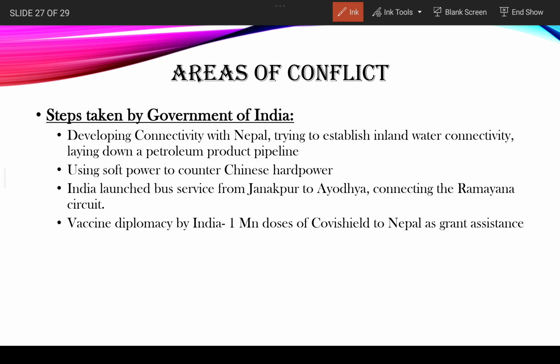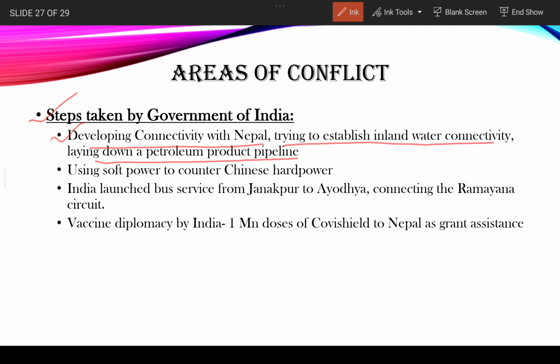Now, since the involvement is there, some steps need to be taken by the government of India as well. So what are the steps which have been taken by the government of India? The first one, developing connectivity with Nepal, trying to establish various inland water connectivity, laying down petroleum product pipelines. You can take examples from the areas of cooperation portion, where I talked about the cooperation between the two countries in different respects.